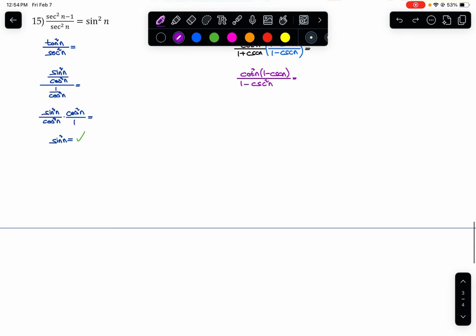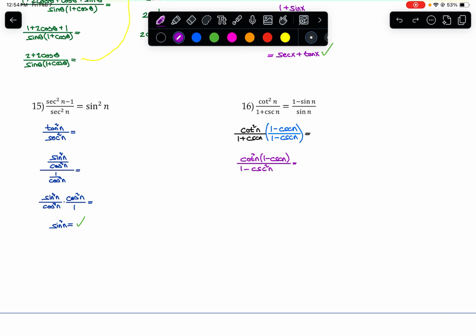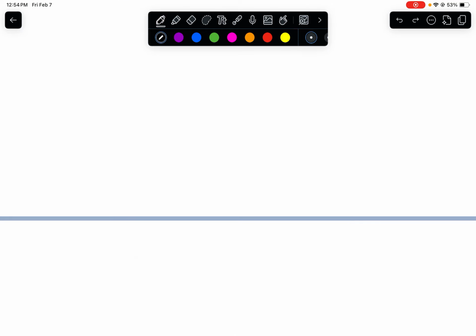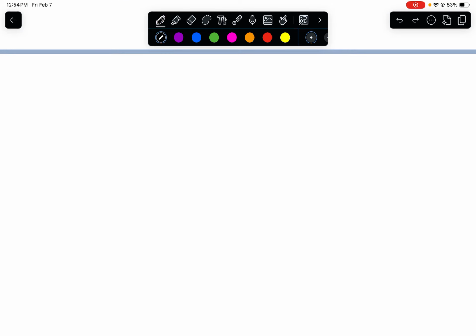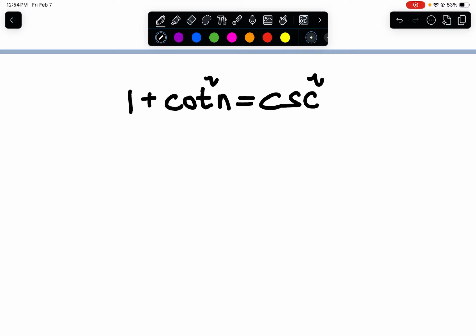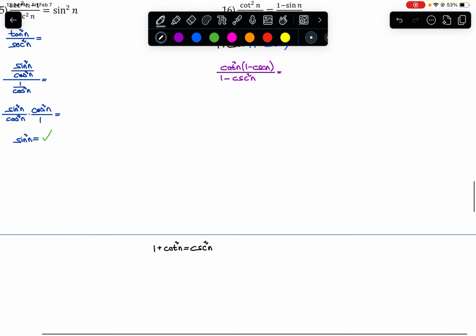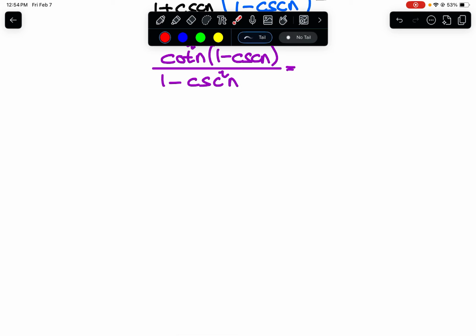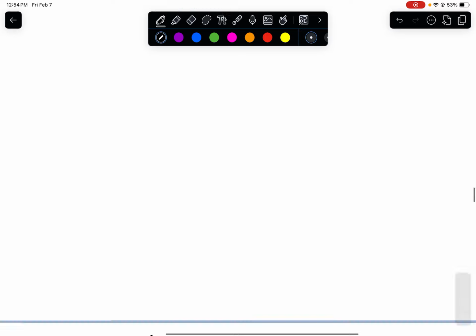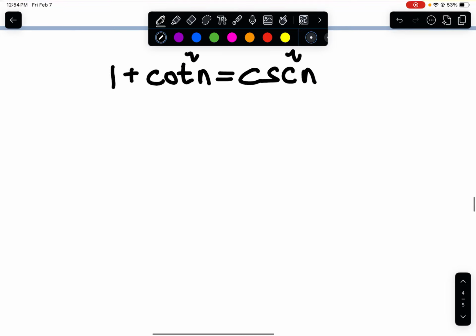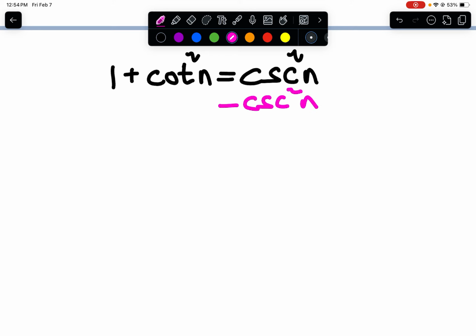So down here, I'm going to rewrite, just kind of show you. So we're going to do 1 plus cotangent, we're going to go ahead and just do n, just to be consistent with the problem we're doing. So I want a side to equal 1 minus cosecant squared n so that I can replace it with that variation of the identity. So I need to move over the cosecant squared n.